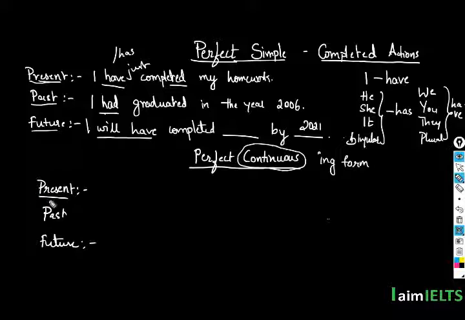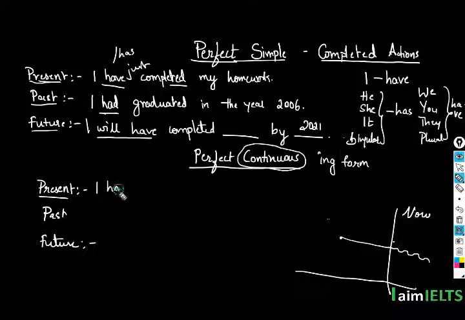When we are talking about present perfect continuous, it means that the event has started somewhere in the past, but it is still ongoing, which means it is still happening.